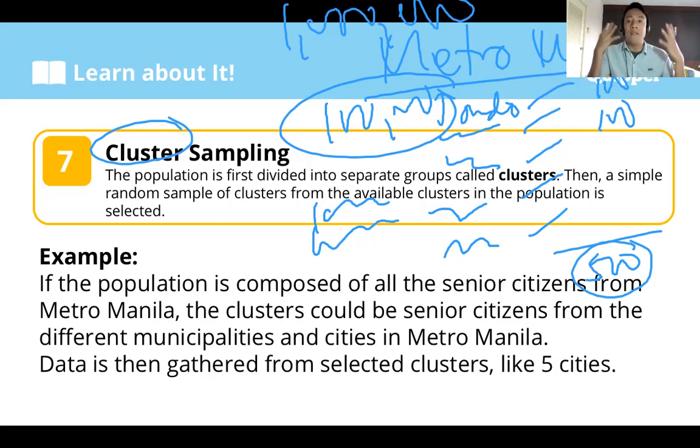If this is about age, just like what I did with grade 8, 9, 10, there are different ages also. So if your concentration is age, then you will do stratified random sampling. But if you will do clusters, just like cities, places, you will do cluster.